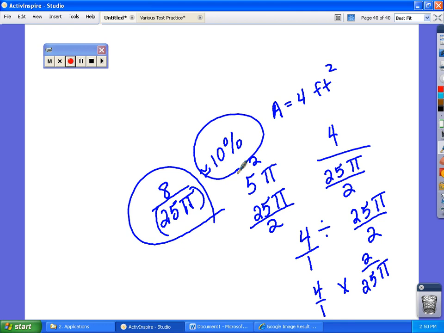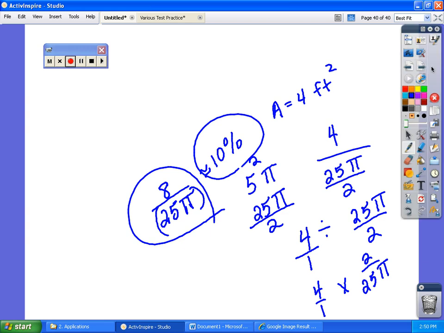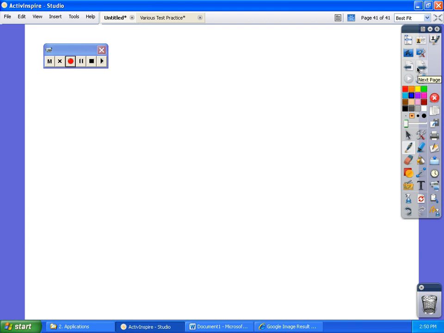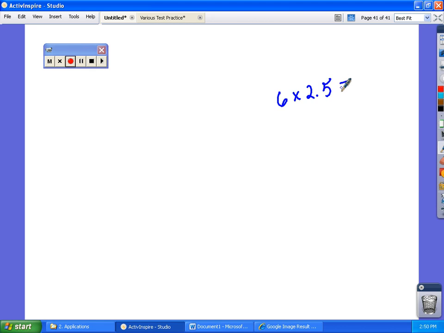All right, next problem is on page LL. You had to do the total area of the dollar bill. So it says it has a base of 6 and a height of 2.5. So 6 times 2.5 would get you the area of the whole thing. The circle of George Washington, it said it had a diameter of 1.25. So if I cut that in half, you get 0.625.